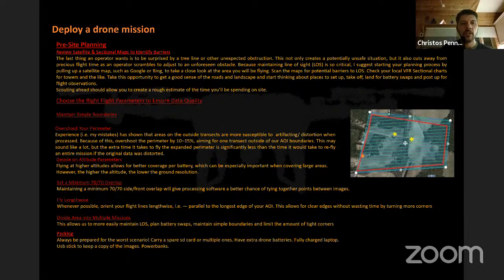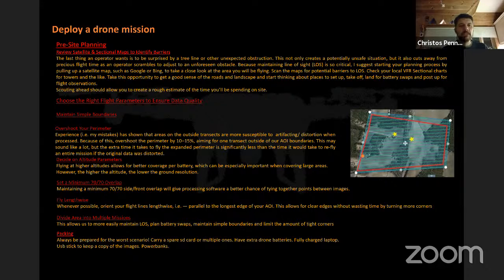Everything. We should maintain simple boundaries. When one is planning to scan an area, one should keep the boundaries of the area simple. It's almost impossible if you have a looping boundary for your area and you are trying to scan it; you will probably miss some places.